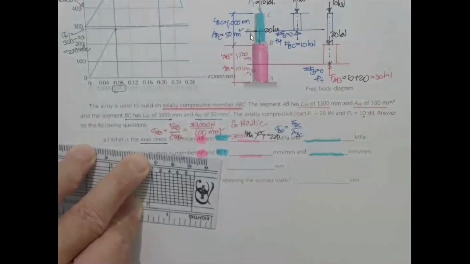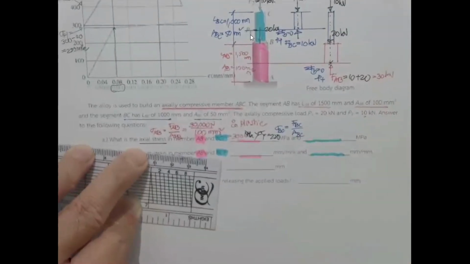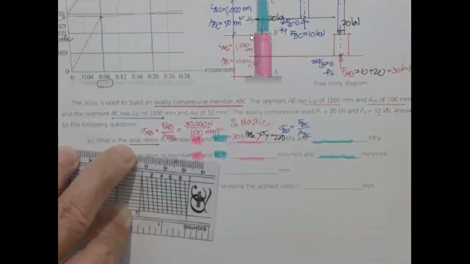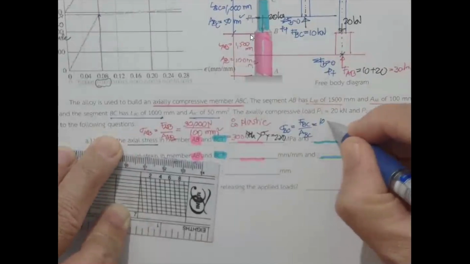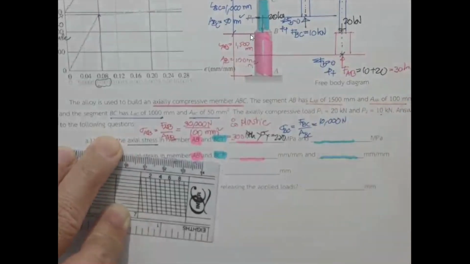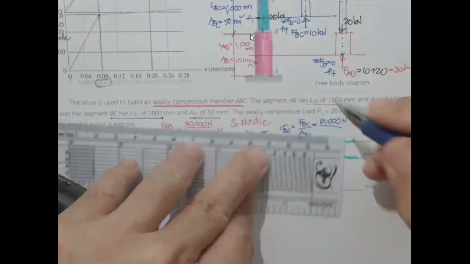Okay. And for the BC, you may take F sub BC over here. That is 10,000 Newton. Cross-sectional area is 50 square millimeter.